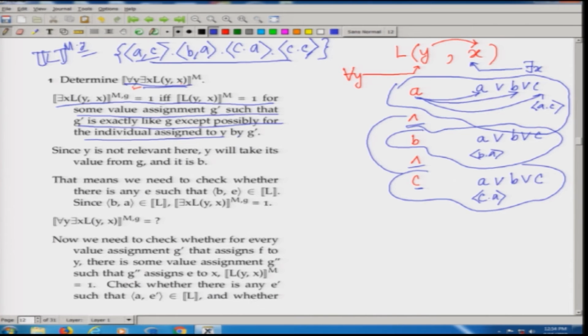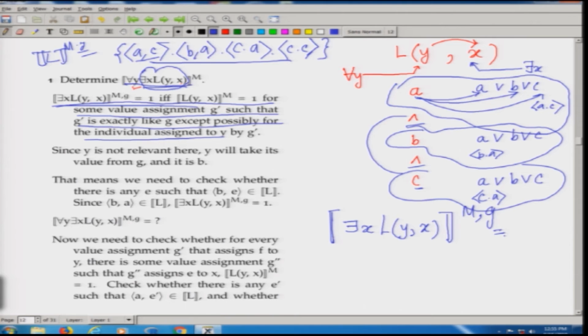This is to show that when you calculate just part of it, you are done with some part of your final calculation. For example, in the case of some x L y x, what is the value of it? We need to understand.